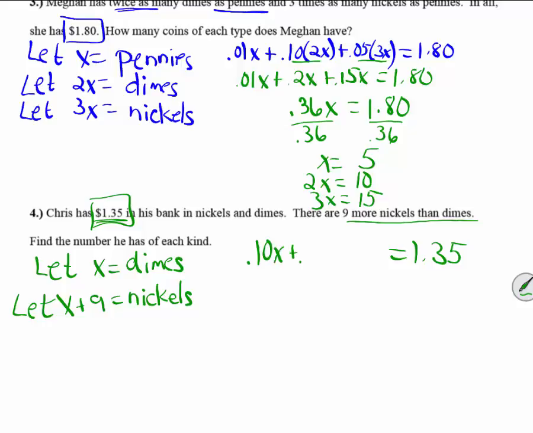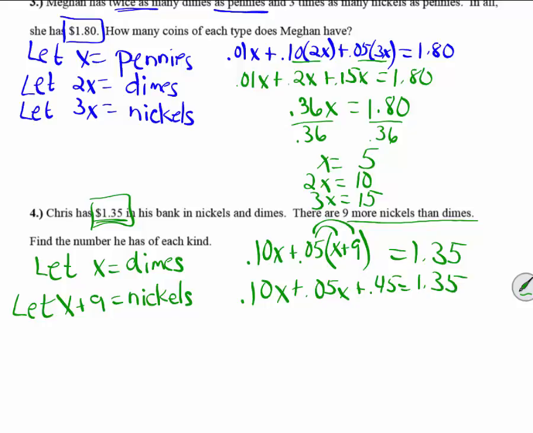Nickels are worth 5. And I have to put that in parentheses because it's x plus 9. So I have to do my distributive property first. 0.10x, 0.05x plus 0.45 equals $1.35. Put my like terms together. So it's going to give me 0.15x plus 0.45 equals $1.35.